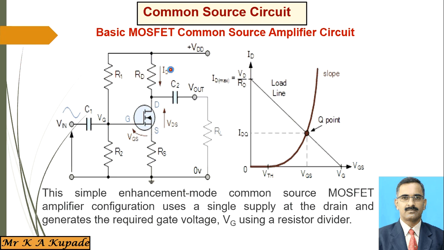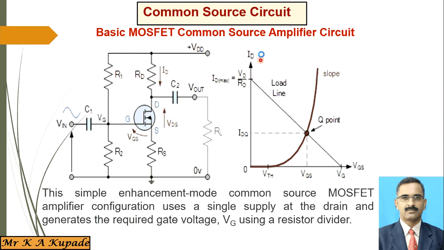And here VDD is the applied voltage for this voltage divider as well as the drain to source terminal. VDD positive voltage and ground are connected, that means 0 volt, and the same is given to R1 and R2.